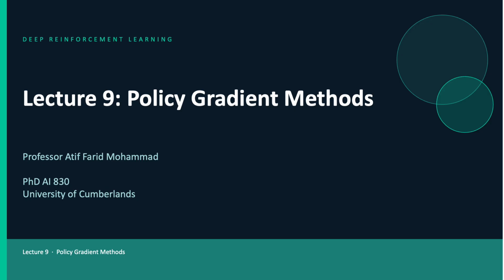Instead of learning a value function and backing out a policy, we are going to optimize the policy directly. We parameterize the policy itself as a neural network and apply gradient descent to push it toward higher expected return.